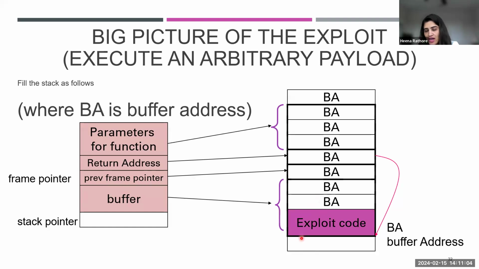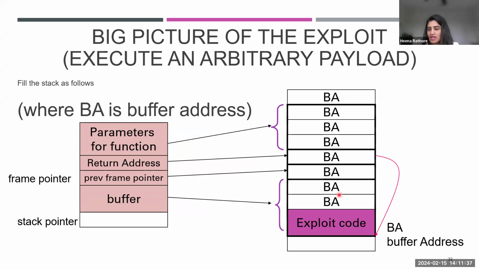In that arbitrary location, an attacker can introduce some exploit code which the attacker wants to introduce. Once this exploit code is executed, rather than going back to the function call, it will again go to the buffer address location. So it will come back to the exploit code once again.